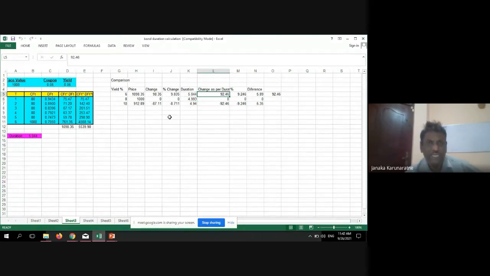In the case of increase, delta R is positive, 0.02, and minus D times that, minus 4.993 times that, comes to minus 92 points. So it's the same amount because the formula is the same, only the sign changes. So when you deduct 92.46 from the original price of 1000, what do you get?